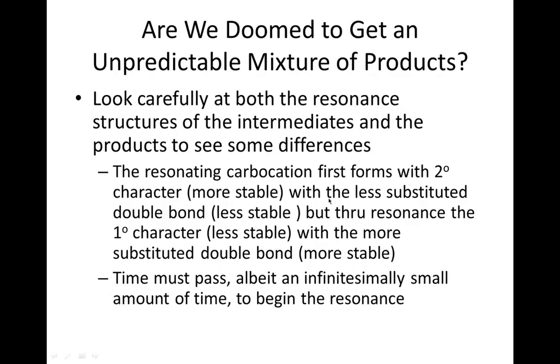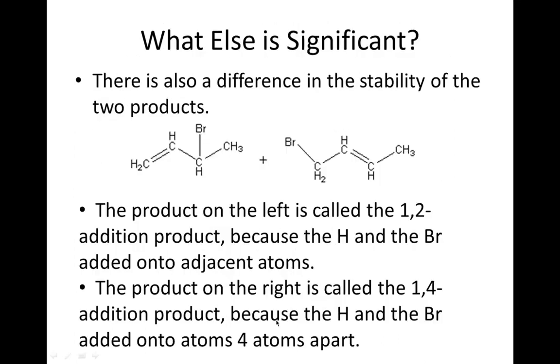And so when it starts resonating, it goes between the secondary carbocation, which has the less substituted double bond. But when it resonates, you've got primary carbocation character, which is less stable, but the double bond is more stable. And again, time is a factor for the resonance to occur.